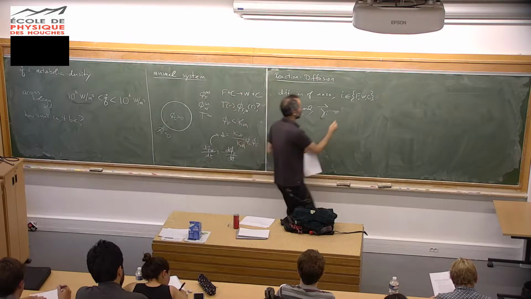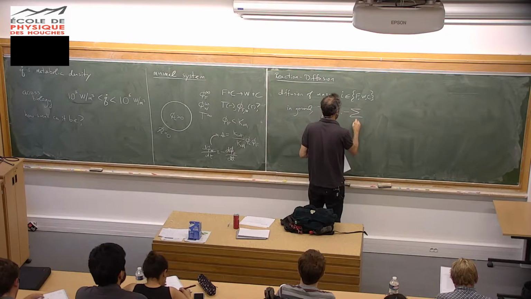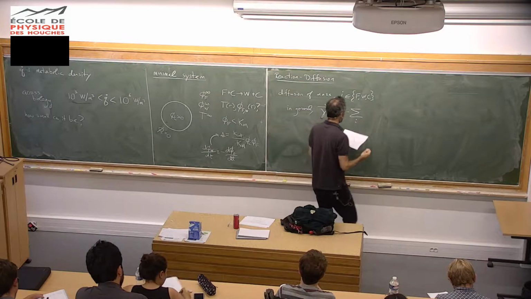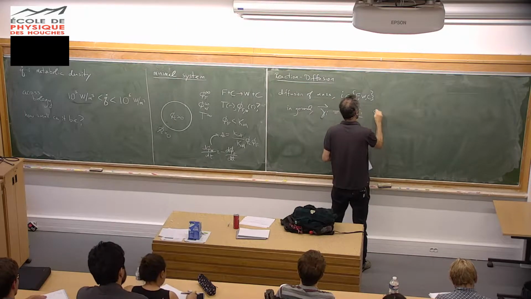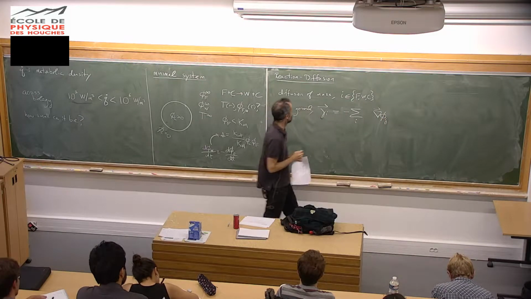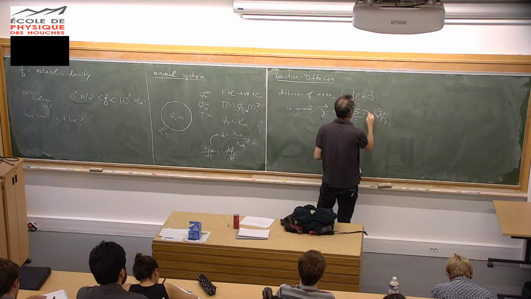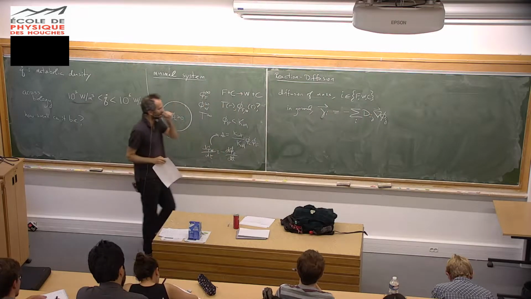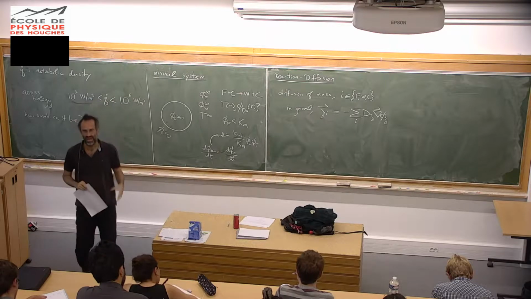So more generally, I want to say that the flux of species i depends on the gradient of the concentration of species j, and there's some mobility tensor or diffusion tensor that connects the two.